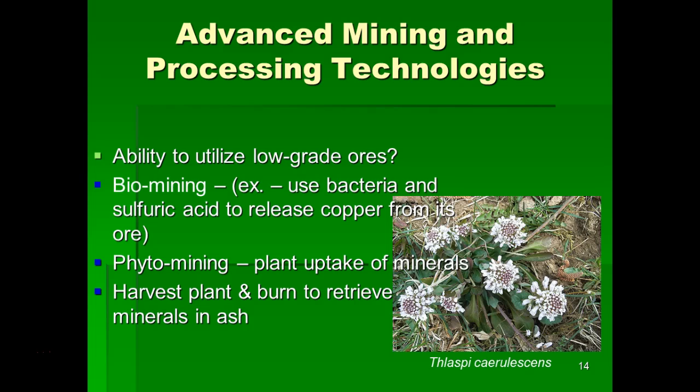Phytomining is basically the plant uptakes the minerals, then when the plant is completely full of mineral, you harvest the plant, burn it, and then isolate the minerals in the ash. Then you would smelt it a little bit more to liquefy it and let the minerals settle out.